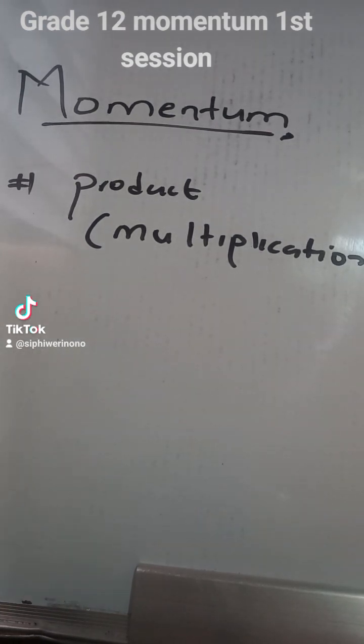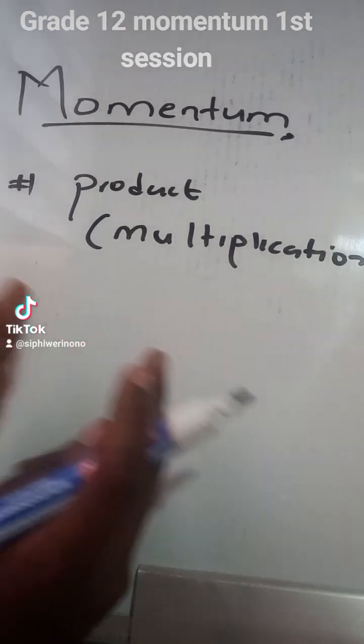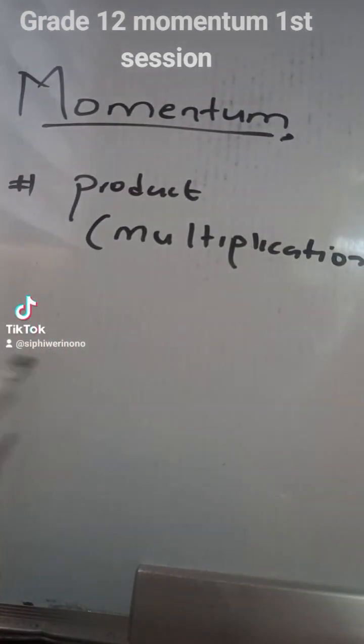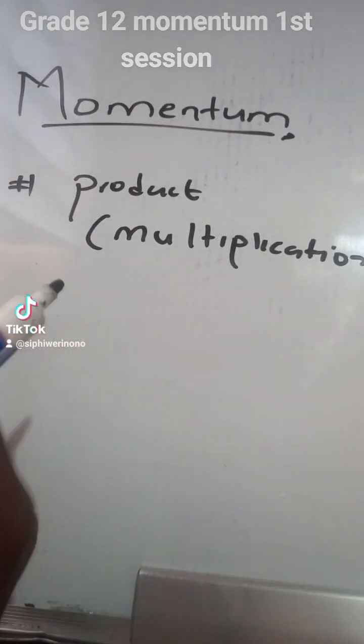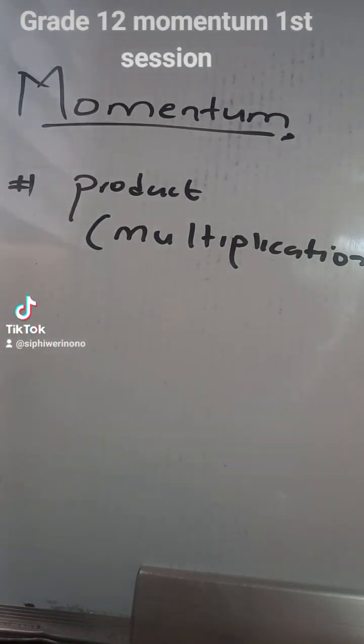The object must have mass, and secondly, it must have velocity. Then you multiply the mass and the velocity, and that's how we get the momentum. In simplicity, it's the multiplication of the mass and velocity.